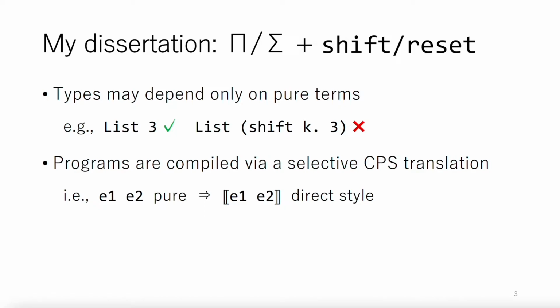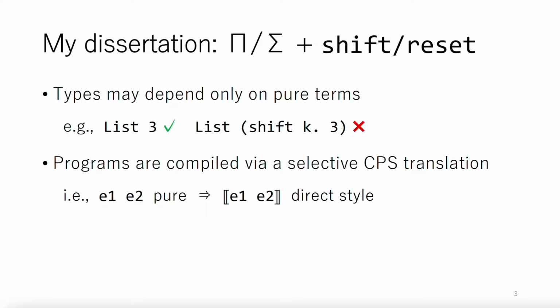There are two important design decisions. First, we restrict types to depend only on pure terms. For instance, we may have a list type that depends on a natural number, but not one that depends on a shift term. This purity restriction is necessary for maintaining the consistency of the language.